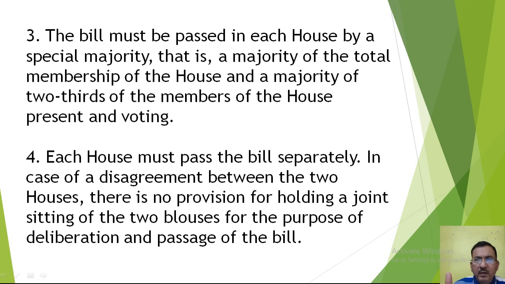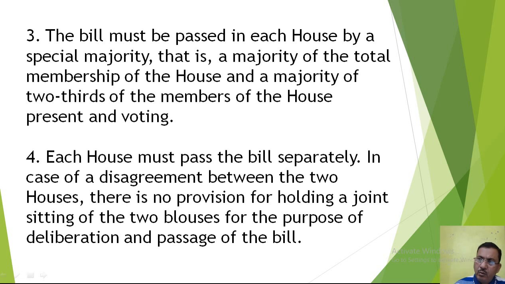And it is not that all members must be present. Suppose the Lok Sabha strength is 545 and Rajya Sabha strength is 250, all need not be present at the time of the passage of the bill.